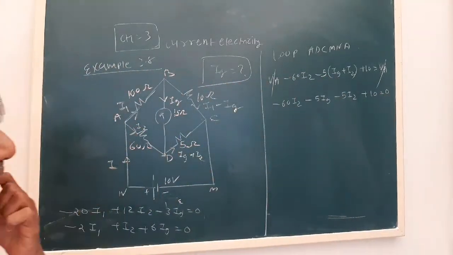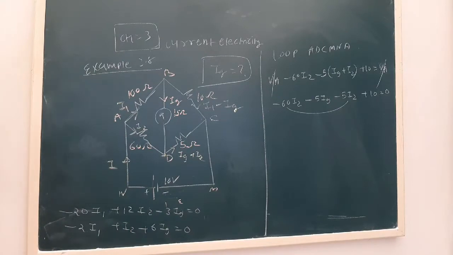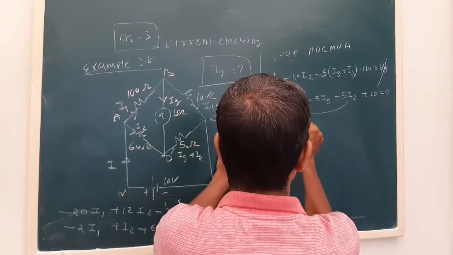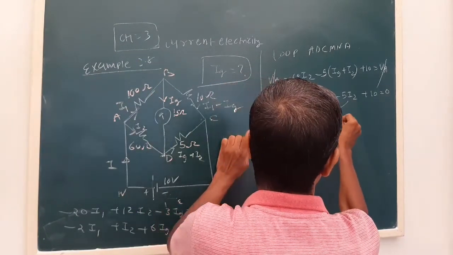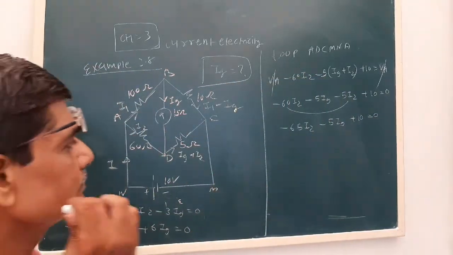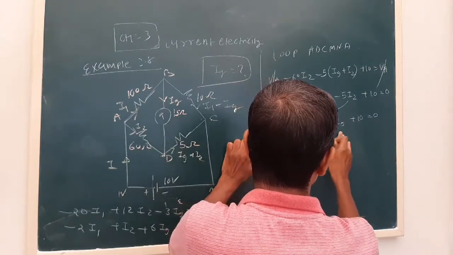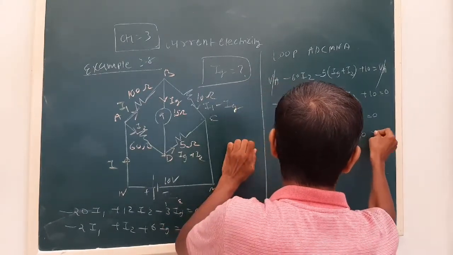Now these are the two terms with the current I2: minus 65 I2 minus 5 Ig plus 10 is 0. So this will be 65 I2 plus 5 Ig minus 10 is 0.